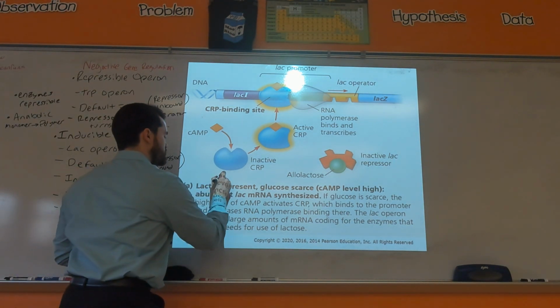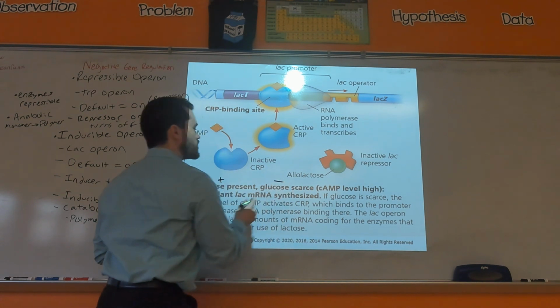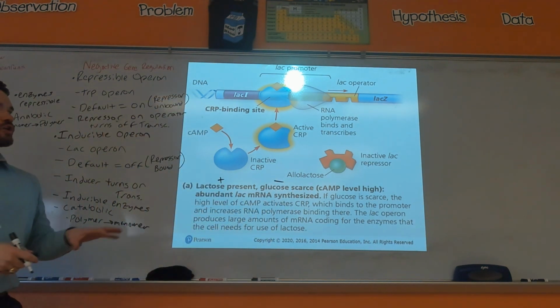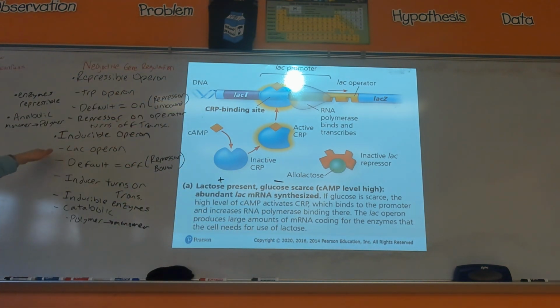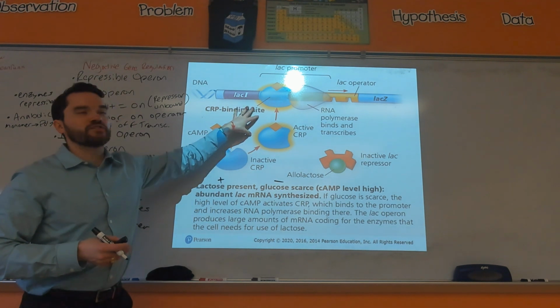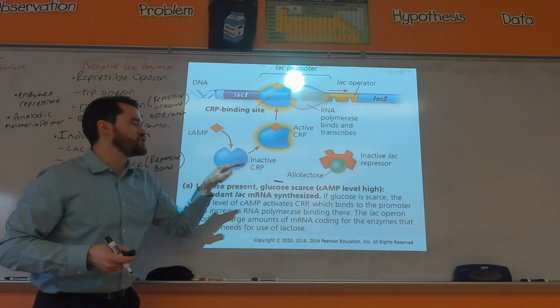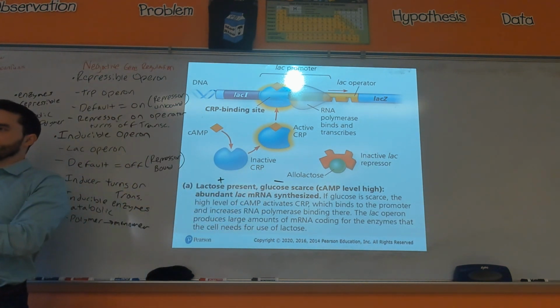Lactose is present, but glucose is scarce. So, building upon what we learned about the lac operon, if you have lactose present, allolactose turns off the repressor, and we can make those genes we need to break down lactose. But there's another variable we have to throw in here, because if you're a bacteria, you would rather use glucose.